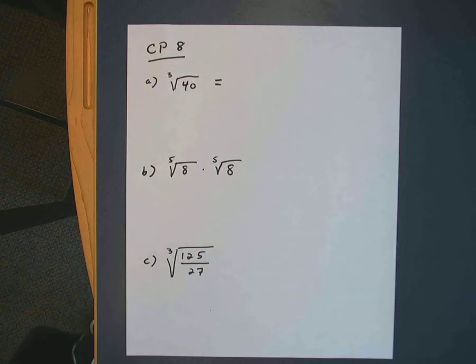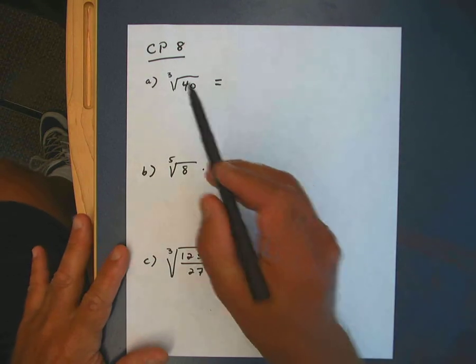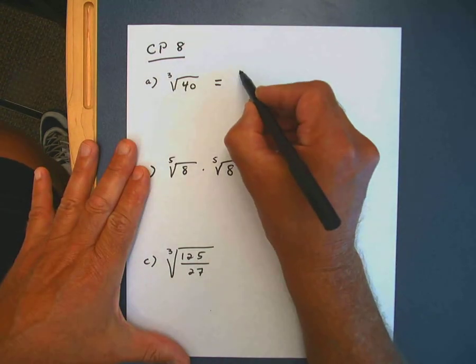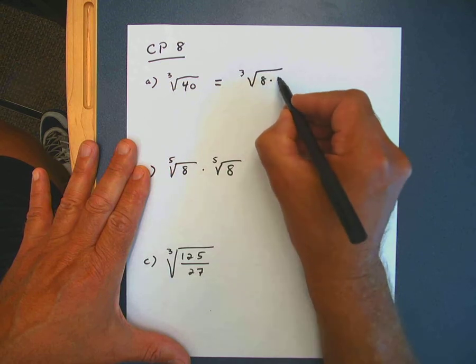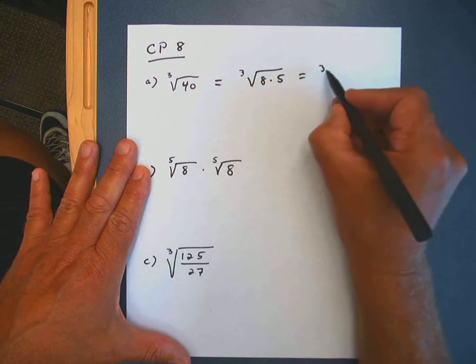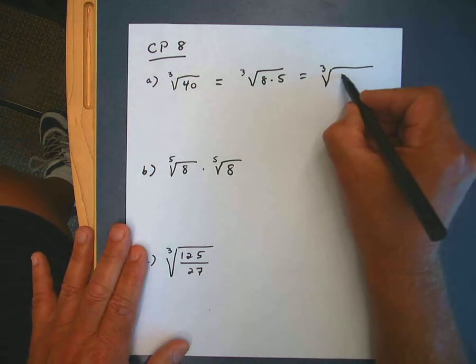The numbers you can take cube roots of are numbers like 8, because 2 cubed is 8, 27, because 3 cubed is 27, and 4 cubed is 64, so 64 would be a number you look for, and so on. 8 is a factor, so I write this to start with as the cube root of 8 times 5, and then you can divide it, because this product rule works with cube roots just like square roots, into the product.